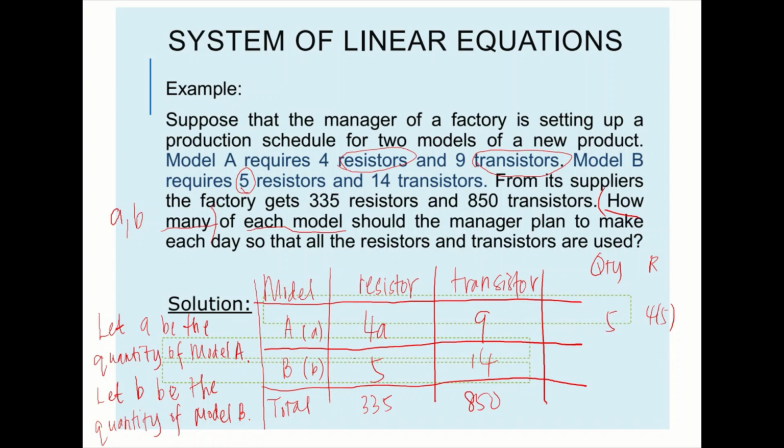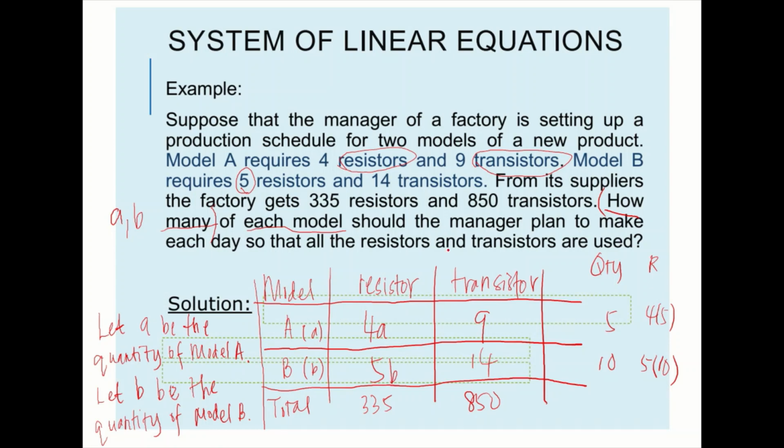For example, if the quantity for model B is 10, and for each unit of B they need 5 resistors, in total it will be 5 times 10. Since we are using B, here it will be 5B. So we have a 5B here.